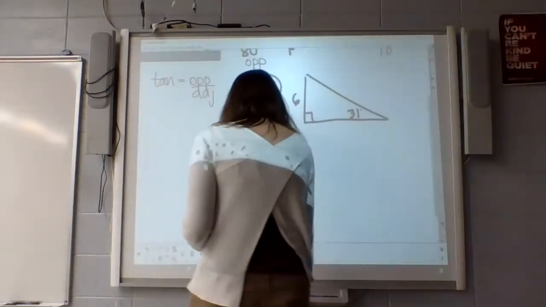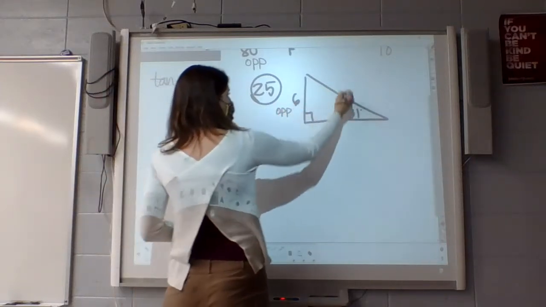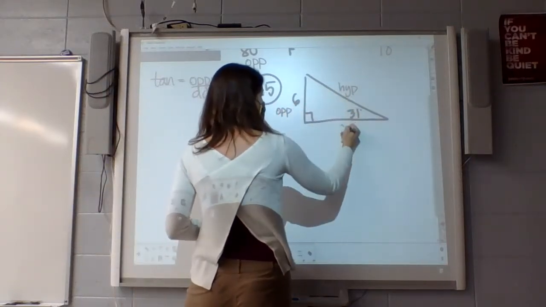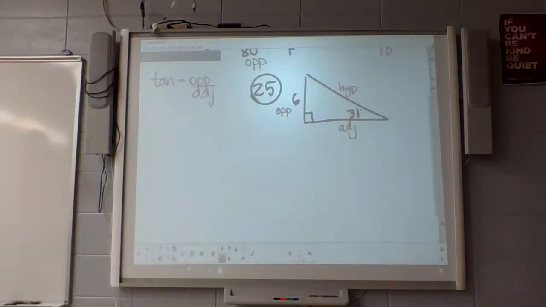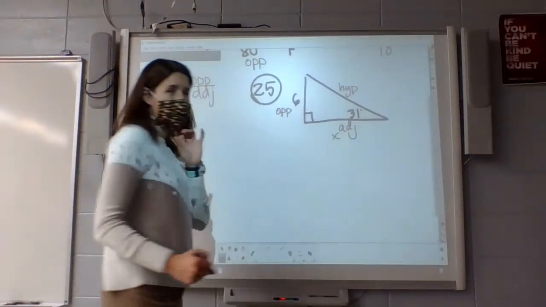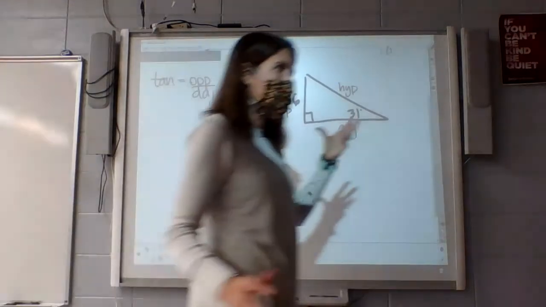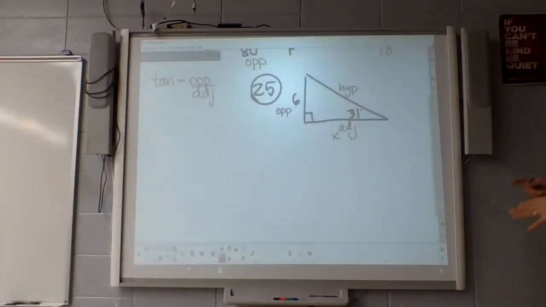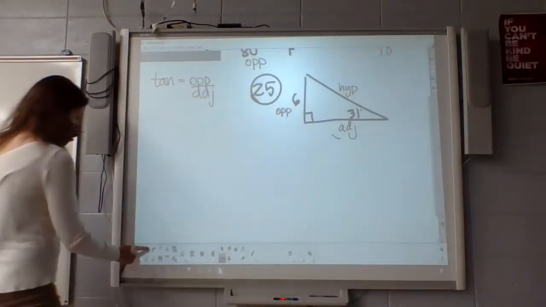So I'm going to label what I know here. This is my opposite, my hypotenuse, and my adjacent. If you recall, yesterday Ellen pointed out, if we're trying to figure out the adjacent side here, it might be easier just to switch our perspective and use the other angle. We're going to talk about what happens when we can't do that today. So instead, I'm going to erase that.